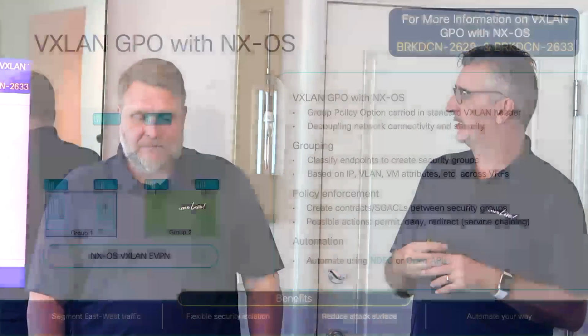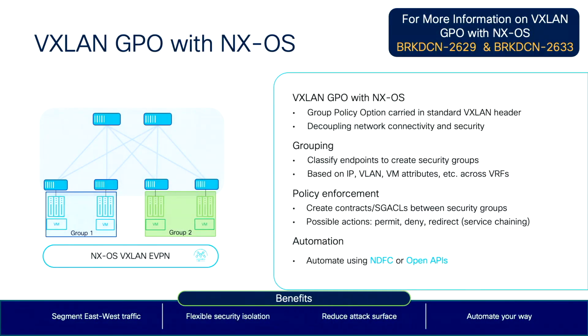Back to the GPO. In terms of provisioning and management of the GPO configuration, you guys know that VXLAN EVPN does not mandate a controller, like ACI does with APIC. So we offer, of course, NDFC as a way to manage the configuration of secure groups on VXLAN EVPN, and this is what Matthias will cover in the last 15 minutes of the presentation.